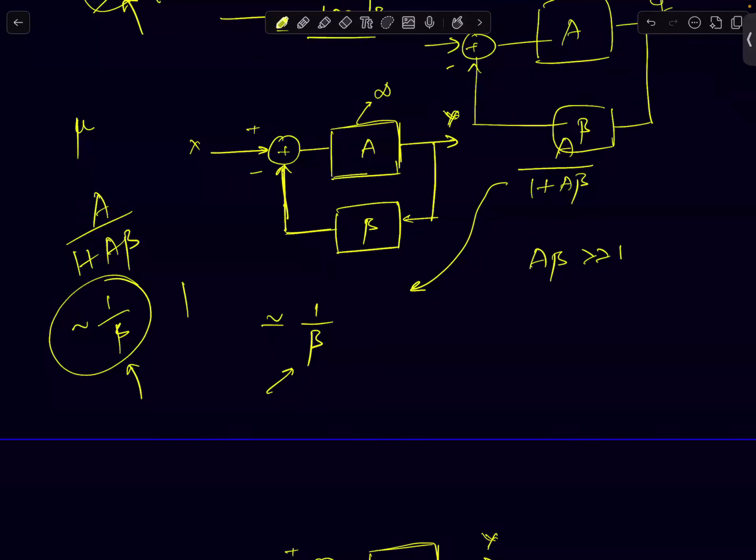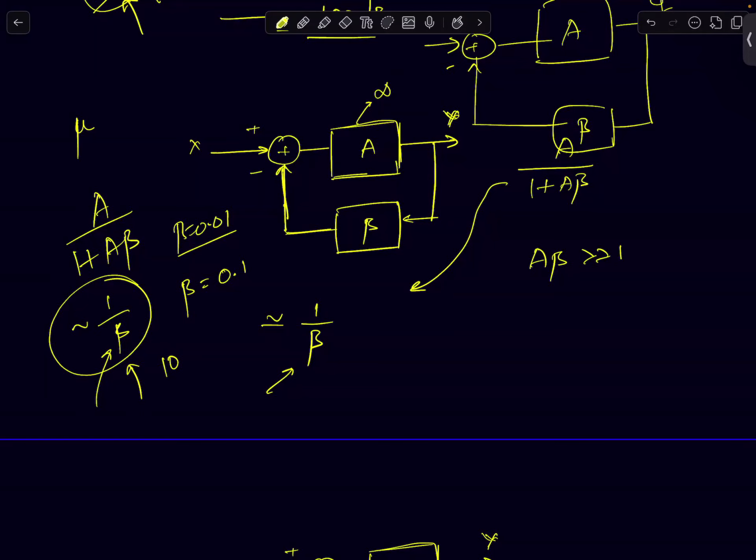If I choose my beta to be 0.1, then I get a gain of 10. If I choose my beta to be 0.01, then I get a gain of 100. So all I need is to ensure that my beta is constant, that doesn't change, and then I have in theory built an amplifier which can give me no variations at all.